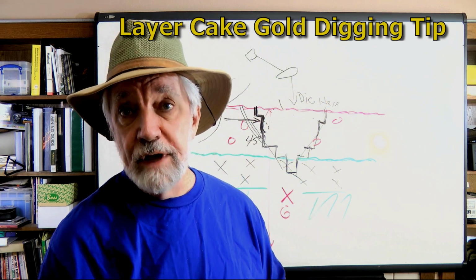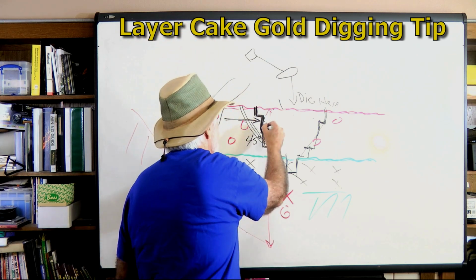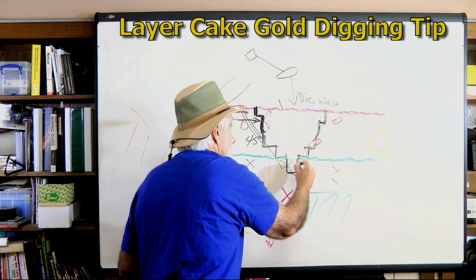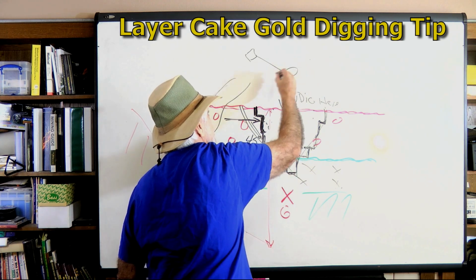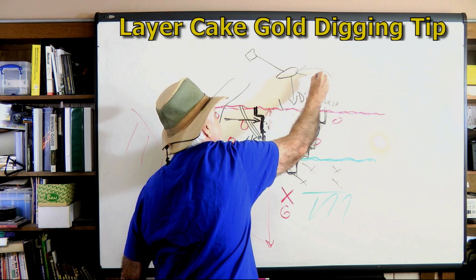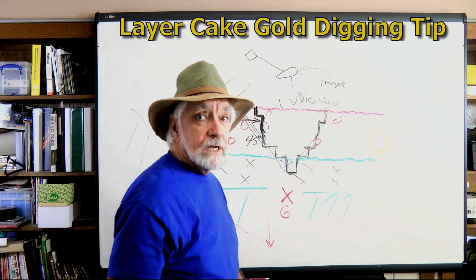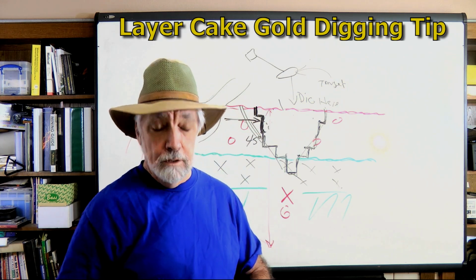But that's basically the idea tonight, is the inverted slope of this hole giving rise to being able to dig a deeper hole. The original target was here, but we had to go deeper.